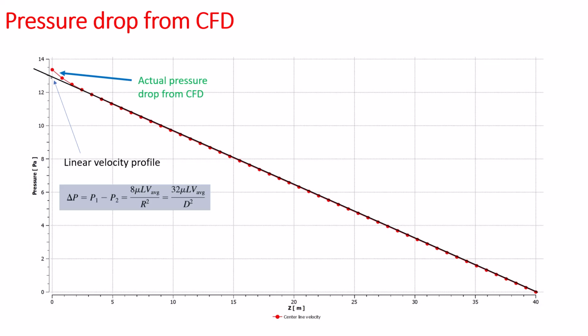This is the actual one, which is non-linear, as you can see in some portion here. And this is the linear profile that I fit by putting a straight line and following the slope over here. The value I'm getting here is going to be equal to the linear profile, that is, when we assume the full pipe behaves as fully developed flow. Again, the same formula we are using here.